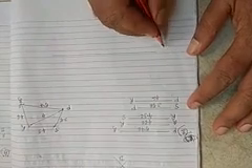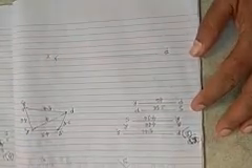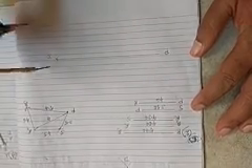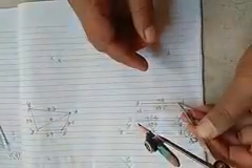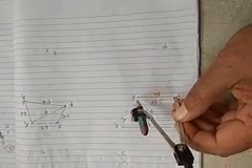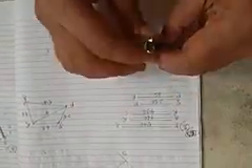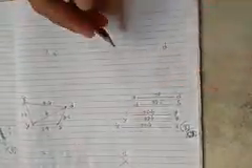This is the point P and this is X. Now with the measurement of PR as radius, taking P as a center, cut this line segment. So this is the point R.